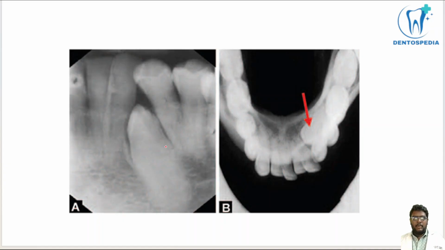You can see this is an example of an impacted canine. In this IOPA, you can see the canine is impacted between these two teeth, but we don't get information related to its buccolingual position. Then we use the occlusal radiograph, and you can observe it is in a lingual position.